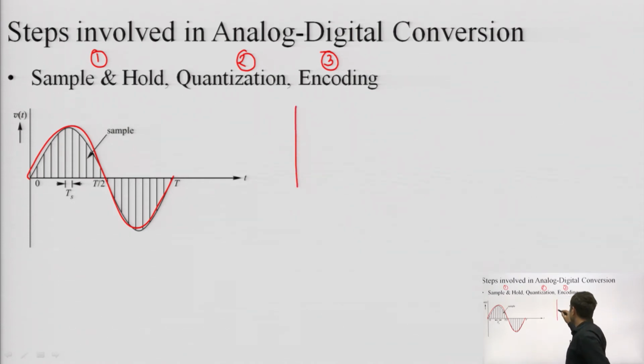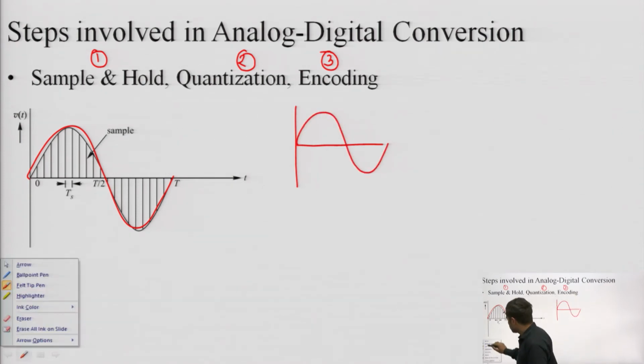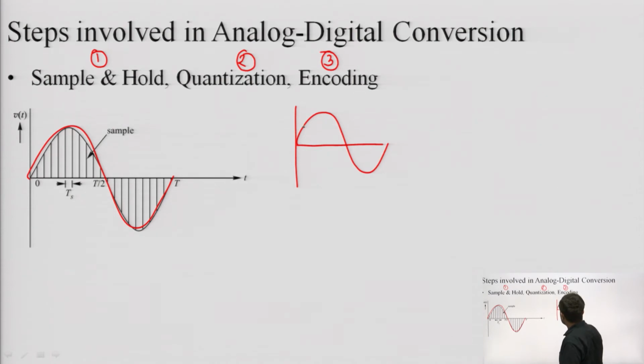Like if this is the analog input, then a sample is taken at this point, this point, this point, this one, this one, this one, that means these are the samples. Okay. So sample and hold means something like this. Until the next sample is taken, that sample will be held.